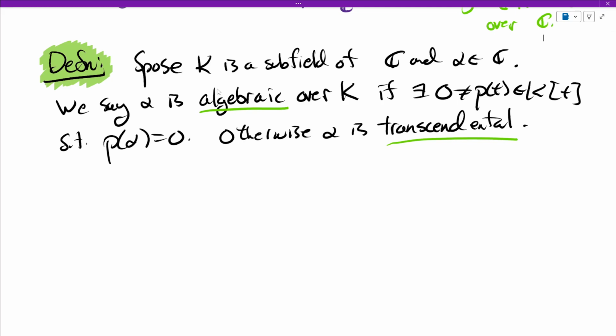Let's look at a couple more non-trivial examples. I really want to emphasize the over K part. We know, for example, that pi is transcendental.